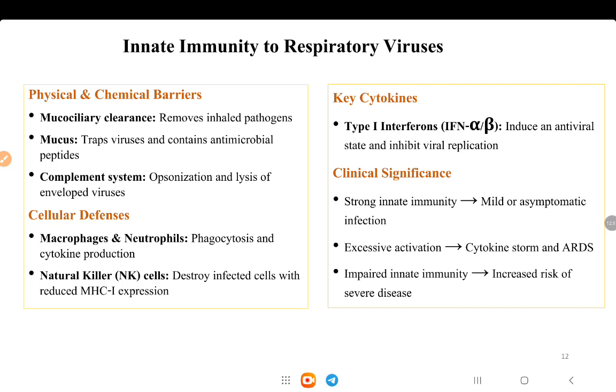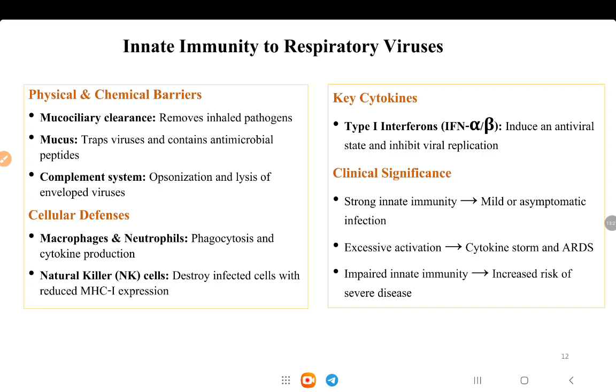Innate immunity begins with the physical and chemical barriers: the mucociliary clearance mechanism removes inhaled pathogens, while mucus traps and contains antimicrobial peptides. Next, the complement system provides opsonization and lysis of enveloped viruses.